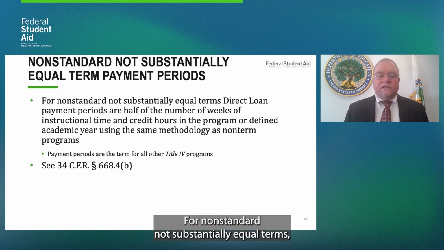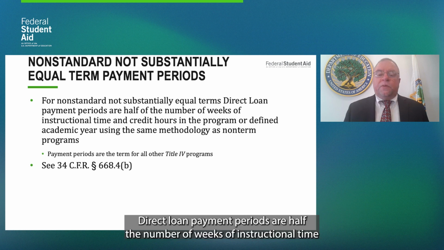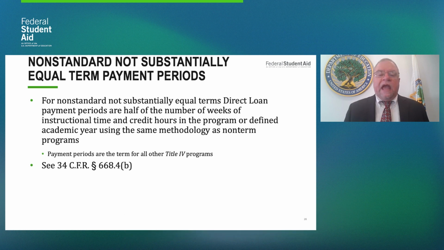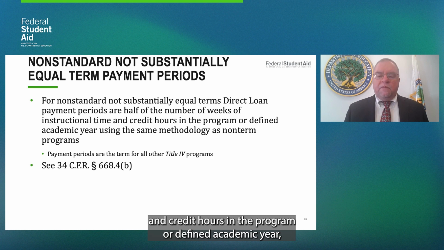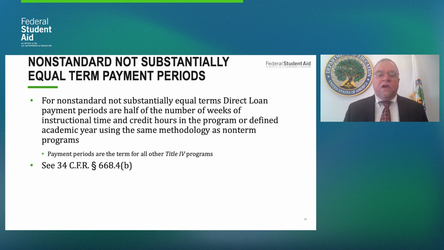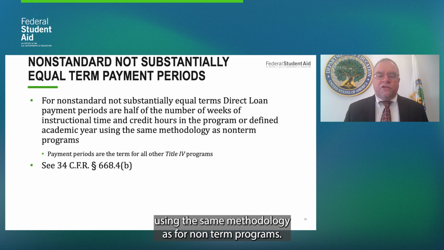For non-standard, not substantially equal terms, direct loan payment periods are half the number of weeks of instructional time and credit hours in the program or defined academic year, using the same methodology as for non-term programs.